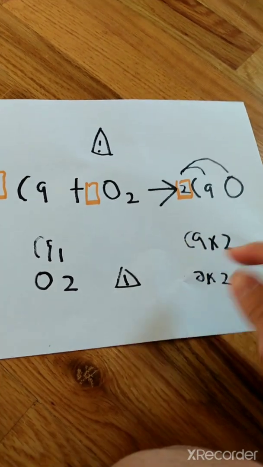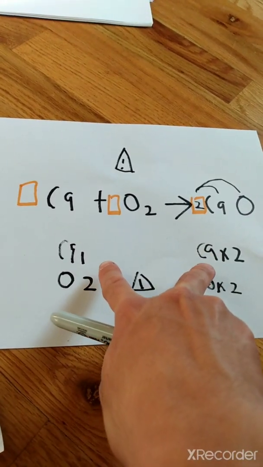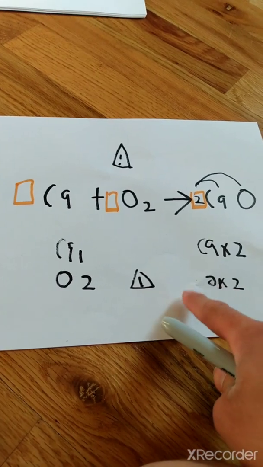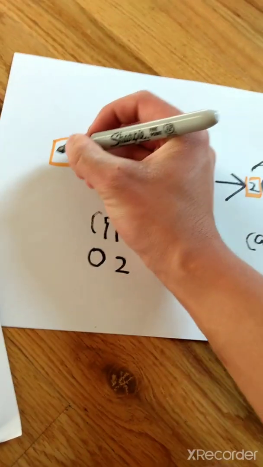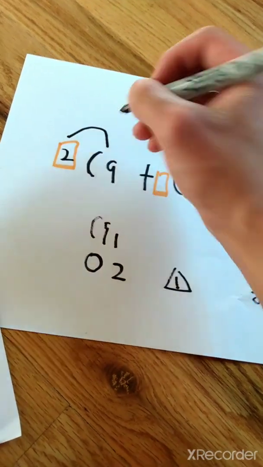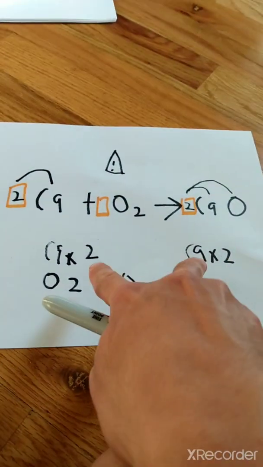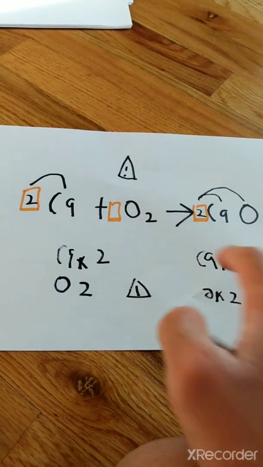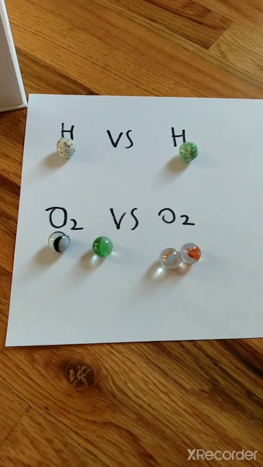We are good with oxygen, but the problem is calcium and the other calcium have an unbalanced count of atoms. So what we can do about that is put a number 2 as that coefficient and affect it with that. Now they're balanced. They have the same amount. The coefficients rescued this formula to become balanced.